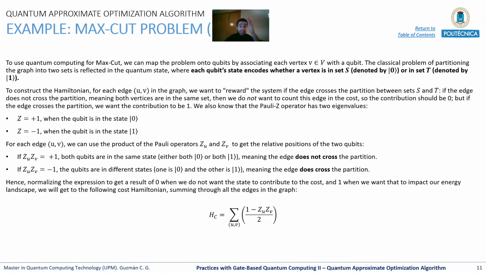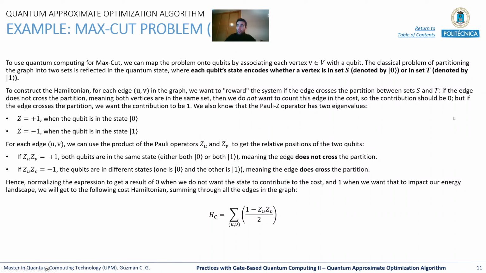So we are discretizing this, but you do have a similar connection. The cost Hamiltonian would be the Hamiltonian where the system would end the evolution, and if we do it right, the system would end in the ground state of the cost Hamiltonian. So we would solve our equation.